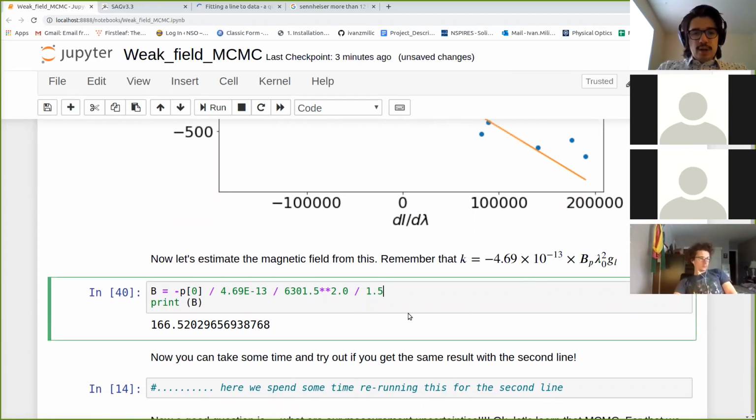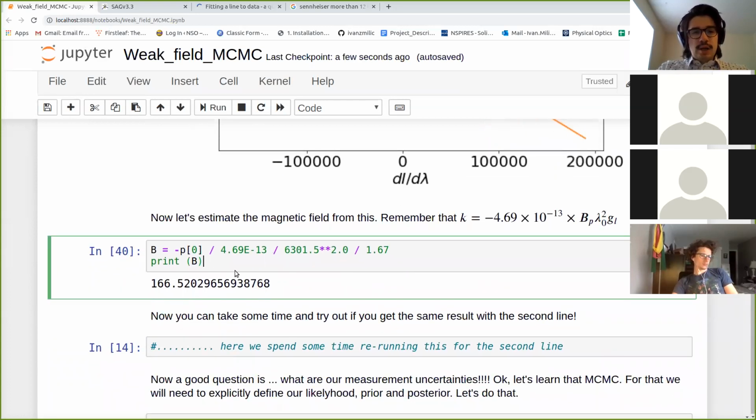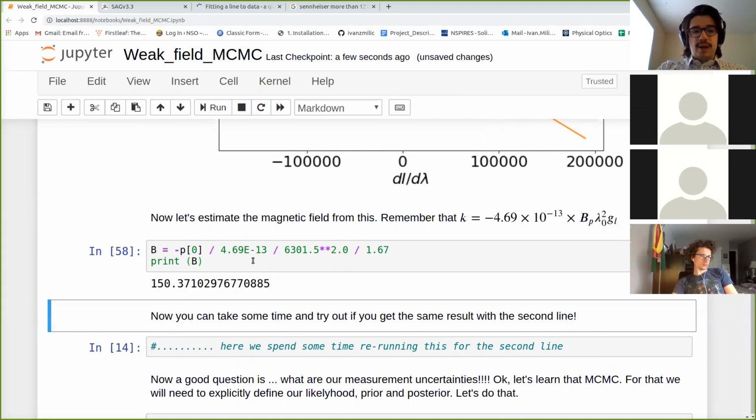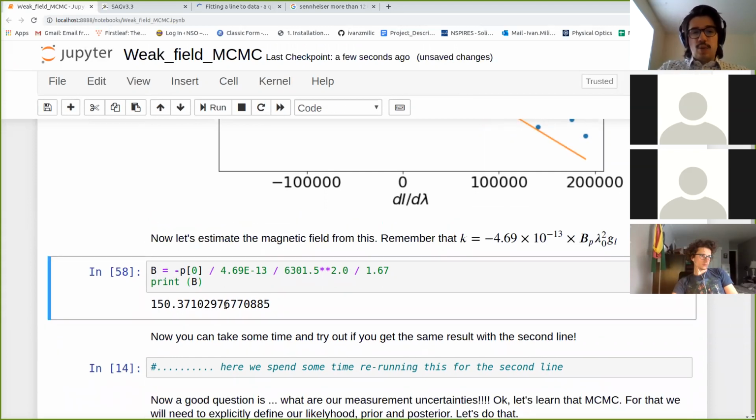Okay, lambda factor is not 1.5, it's 1.67, right? And now to calculate the magnetic field I just do minus P, which is my slope, and I divide it with these constants. I print magnetic field, and in this case, it's roughly 150 Gauss.